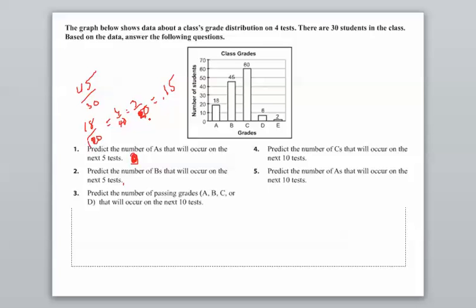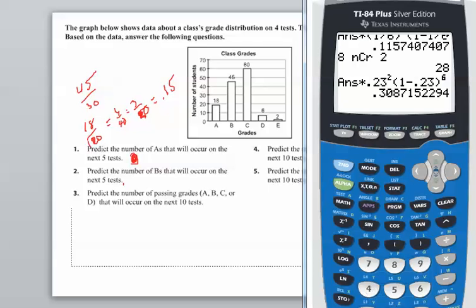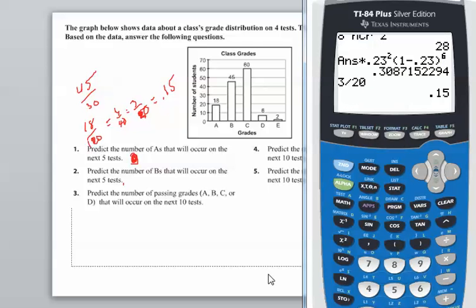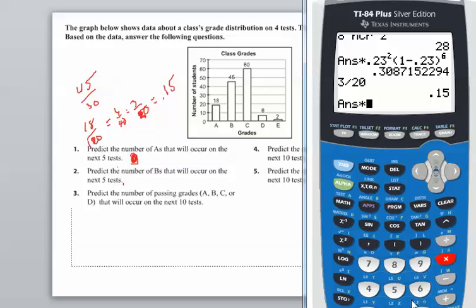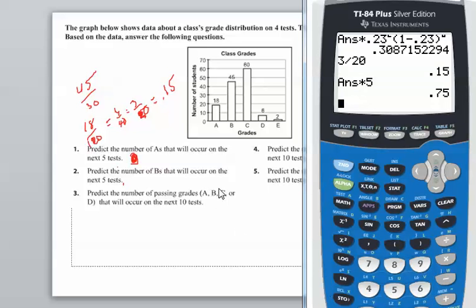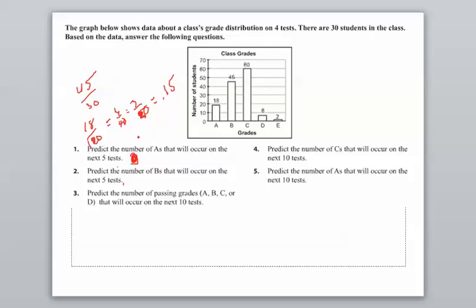Now I'm questioning myself. 3 divided by 20, yes, 0.15. And so if we multiply that times 5, we get 0.75.